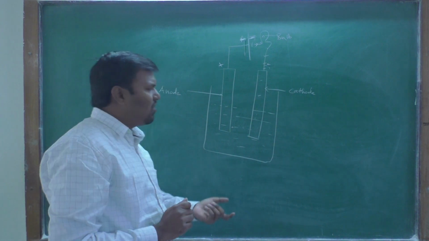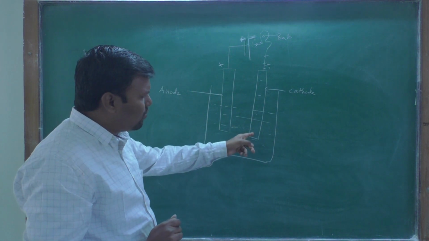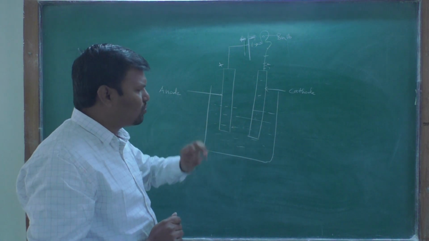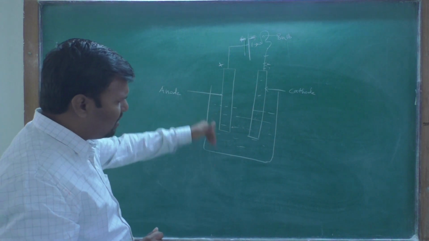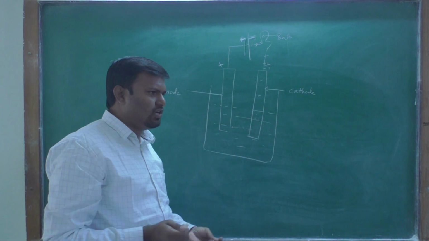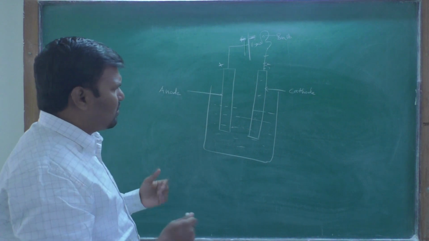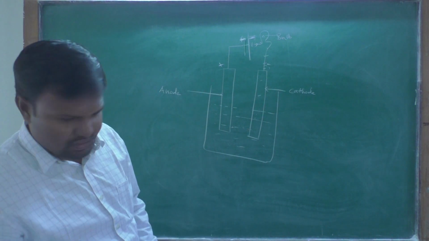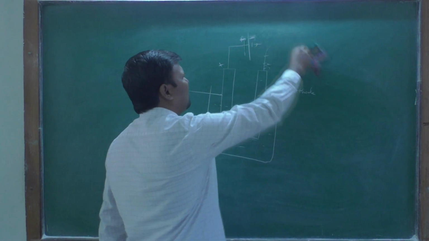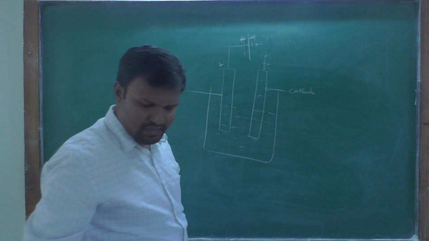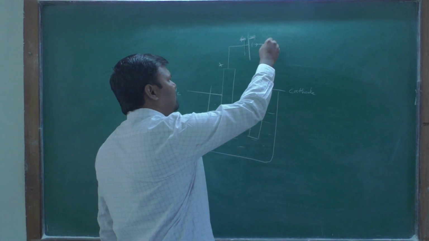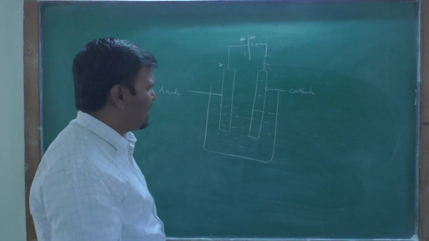The electrolyte is responsible for carrying the current through the solution. An electrolyte dissociates into ions, and therefore it is responsible for carrying the current.